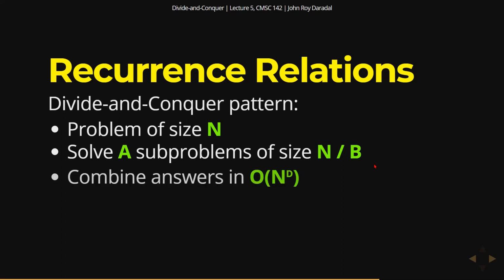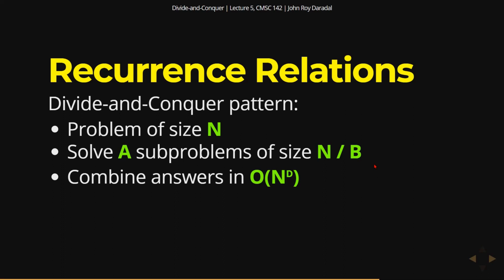So b is equal to 3. And then there's also the final combine step or the merge step. If it exists, it takes O of n raised to d. So it could be O of n squared, or if it's constant time, n raised to 0, right? So that is the pattern of your divide and conquer.